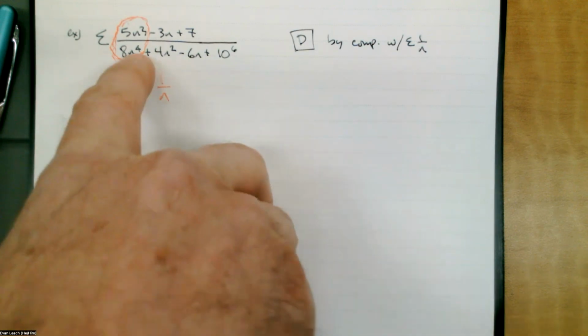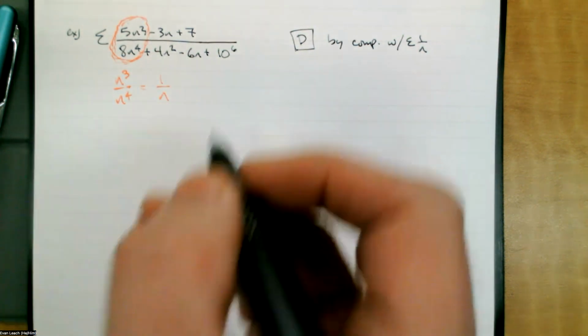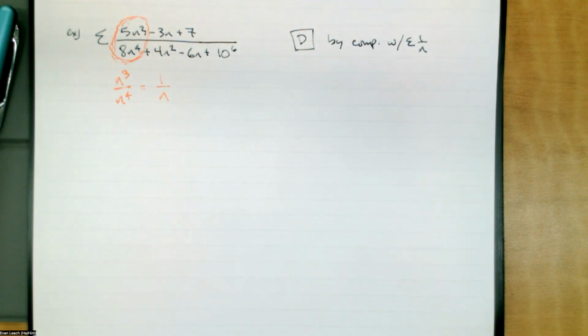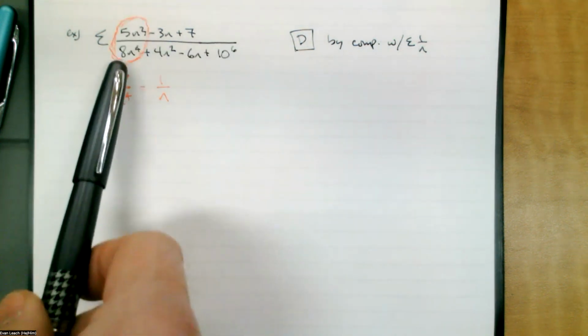So we can't change this n to the fourth by adding, and it doesn't matter. I could put 10 to the 600. And there's an n to the fourth. No constant can compare. The important thing is we look through all this noise and find out what's really important.